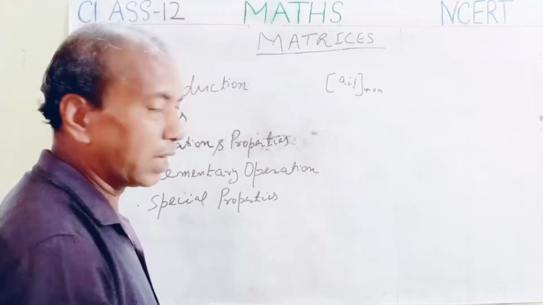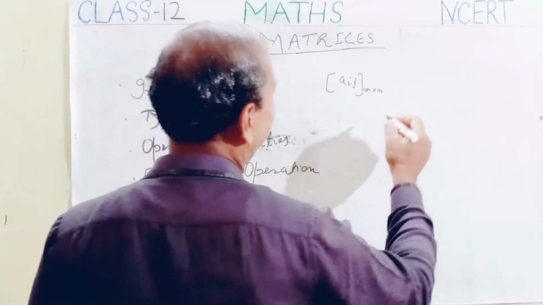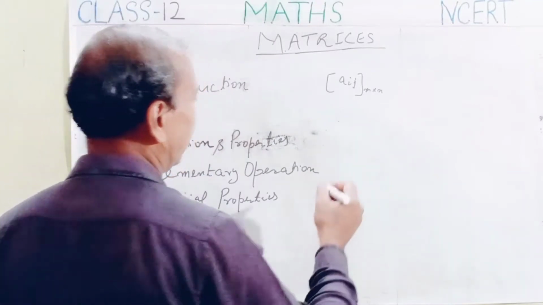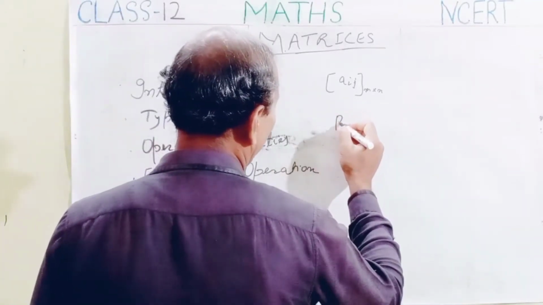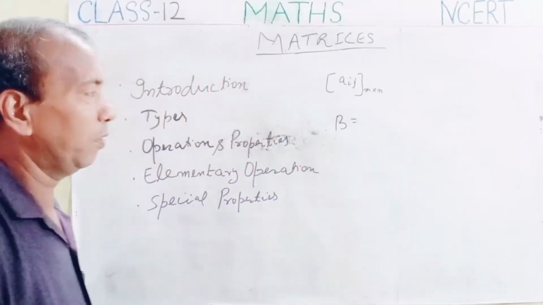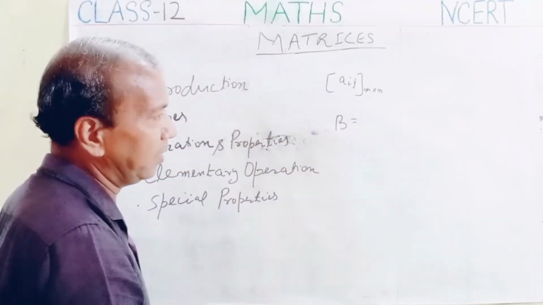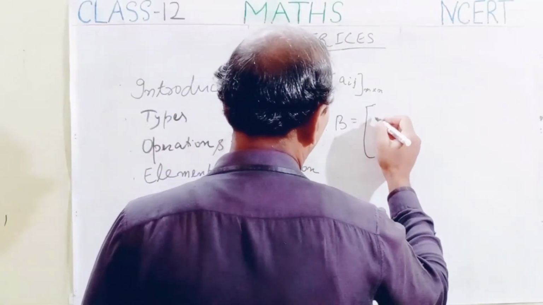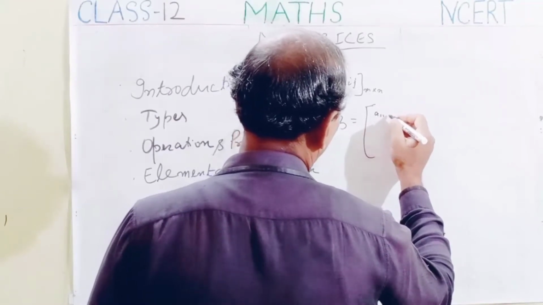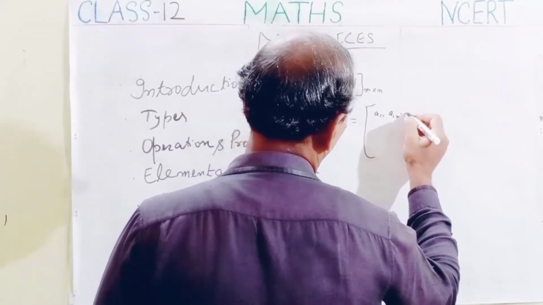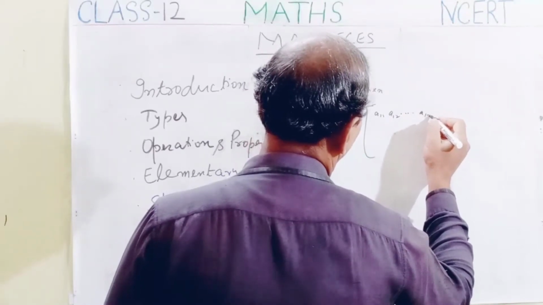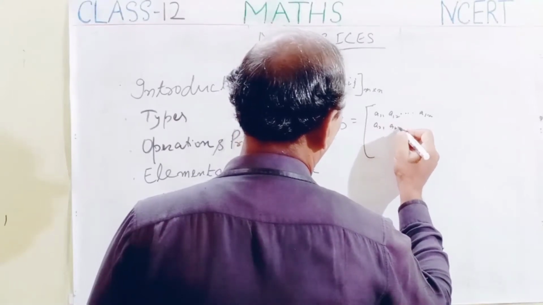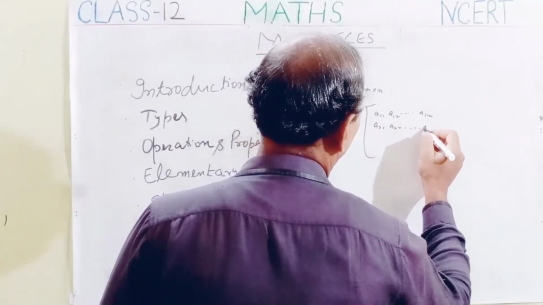Suppose I want to expand this notation. So if I expand this notation and I represent the matrix with a capital letter, let's suppose one matrix is B, and I want to represent this matrix by seeing this Aij. So I can arrange this matrix into a rectangular form, that is your A11, A12 and so on, A1n. Similarly, here it will be A21, A22 and so on, A2n.